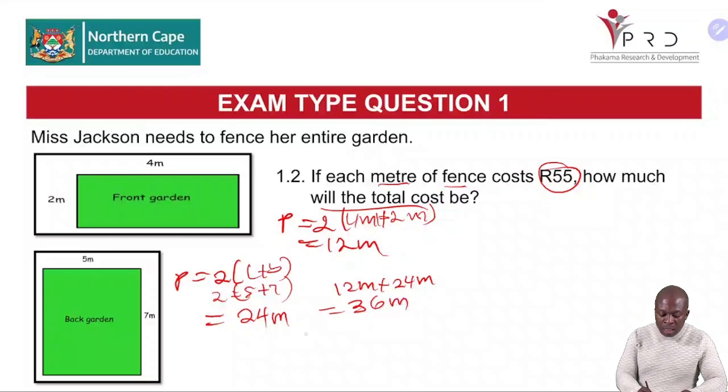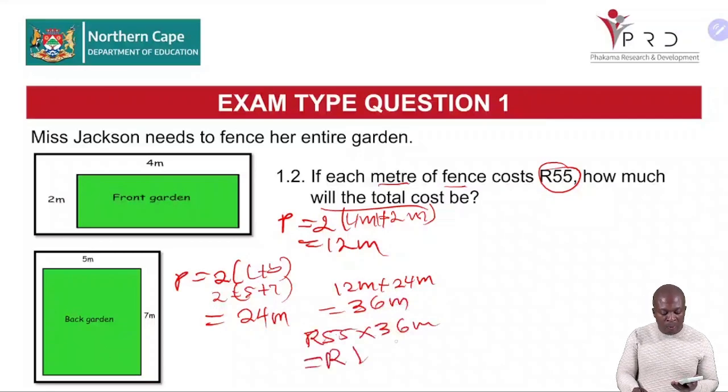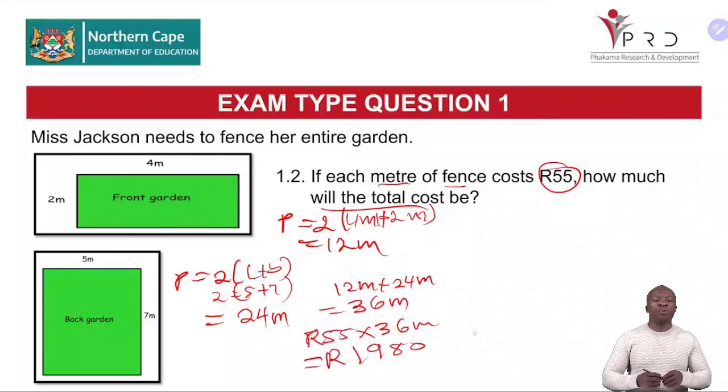We take our 55 rand and multiply it by 36 meters, because every meter is 55 rand. So 36 meters multiplied by 55 rand per meter. It means our total cost is going to be 1,980 rand. That's how much it will cost Miss Jackson to fence the 2 gardens.